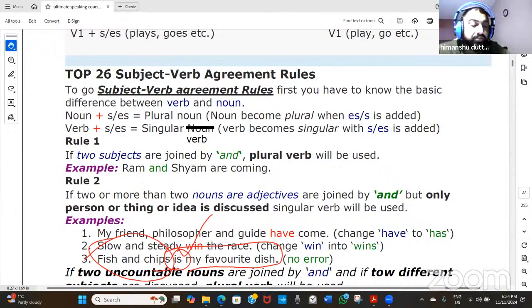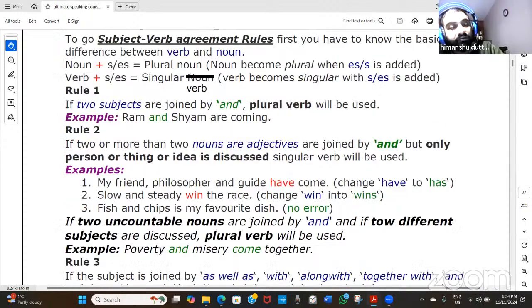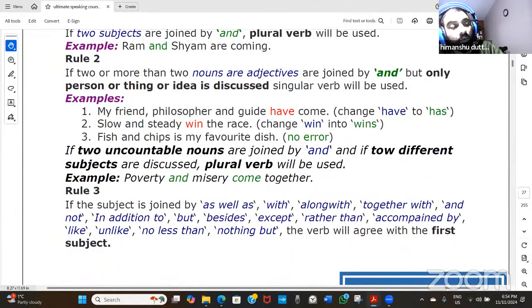When we say 'fish and chips are', that's not the right way to say it, because it is one single cuisine, one single way of representing something eatable. So fish and chips, that's how it comes together. That's how we need to remember that one. There is no error in that one, so it's accurate. This statement is accurate, and that's why it is not reddish in color.